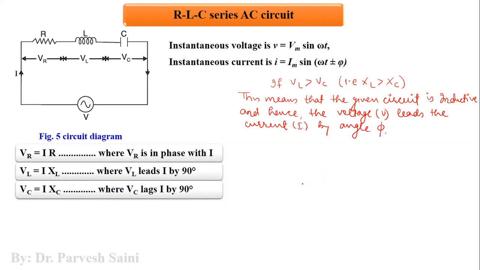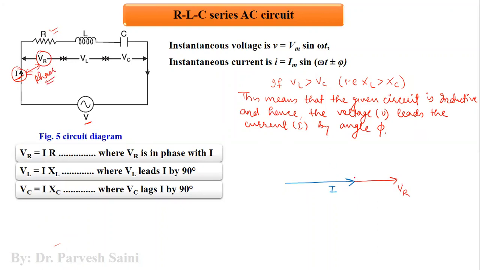So now let us draw the current phasor. This is, let us say, the current phasor, which is I, and then we have the voltage phasor, which is VR. As we know, in this resistance, the current and this voltage will be in phase, right?